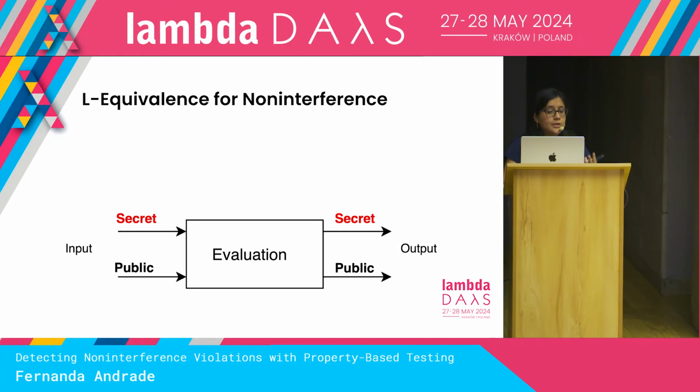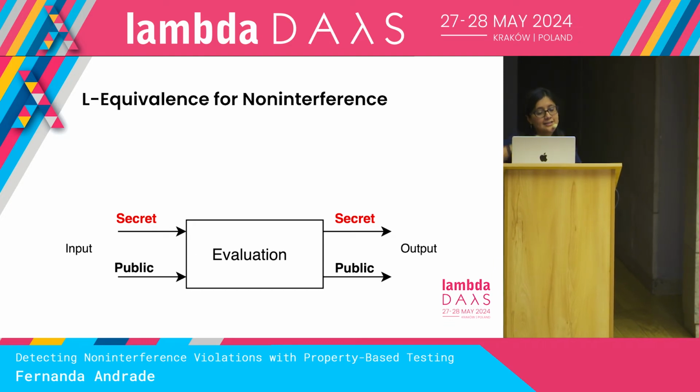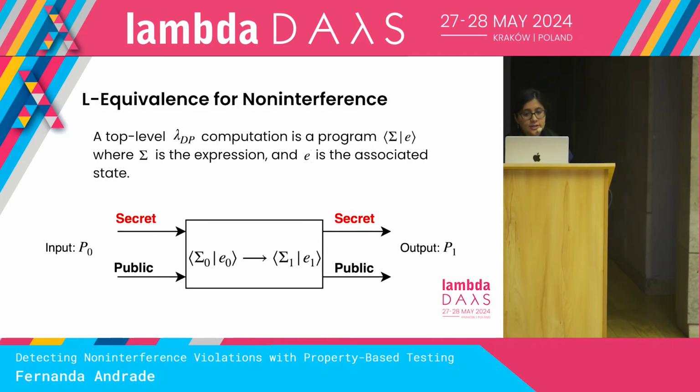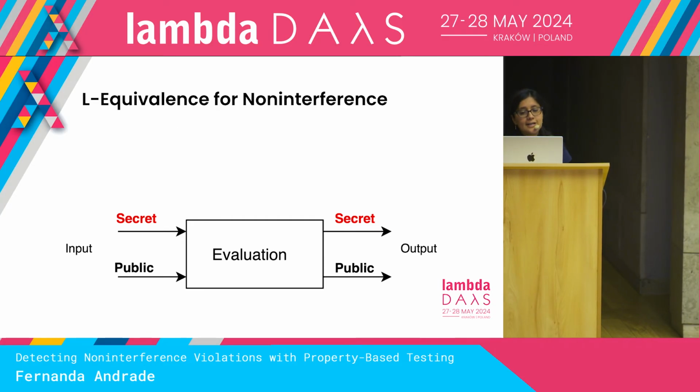Here we have two levels of information as well, secret and public. When we evaluate this program, we apply operational semantics and we get another program. The output contains these two levels of information as well. And this is the initial part in order to talk about L-equivalence.